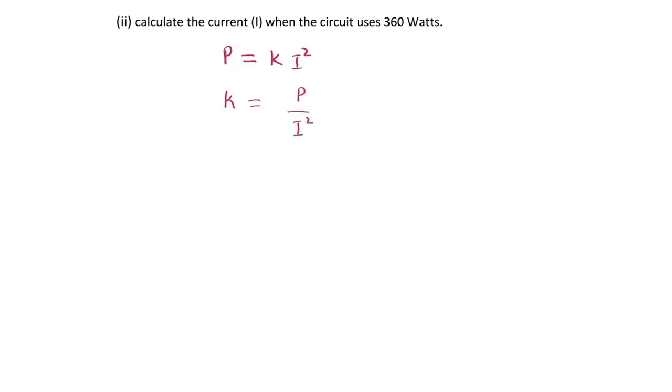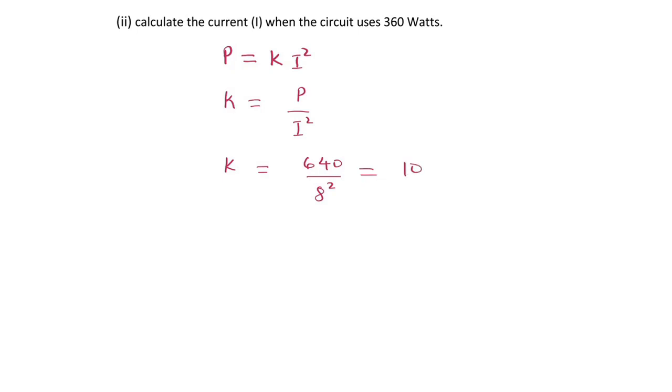Okay, so now let us substitute P with 640 watts and the current as 8 amperes. Our equation is going to be K equals 640 over 8 squared, of which, solving this, we are going to have K equals 10.